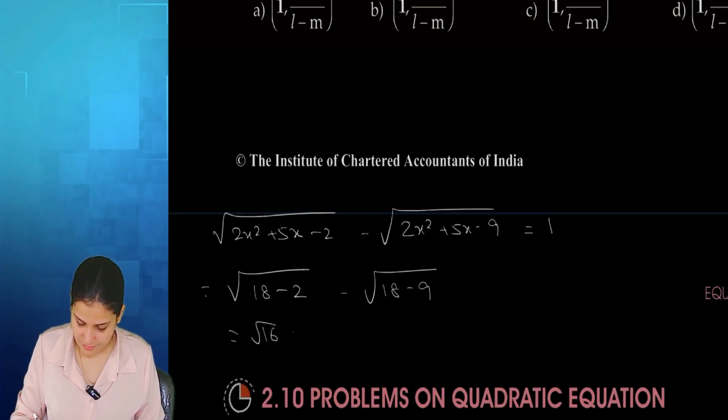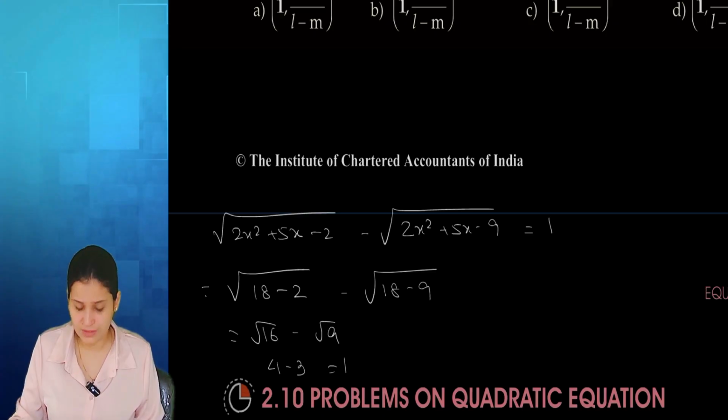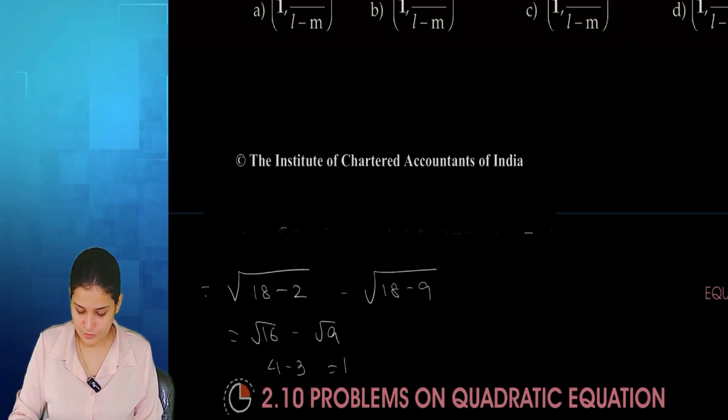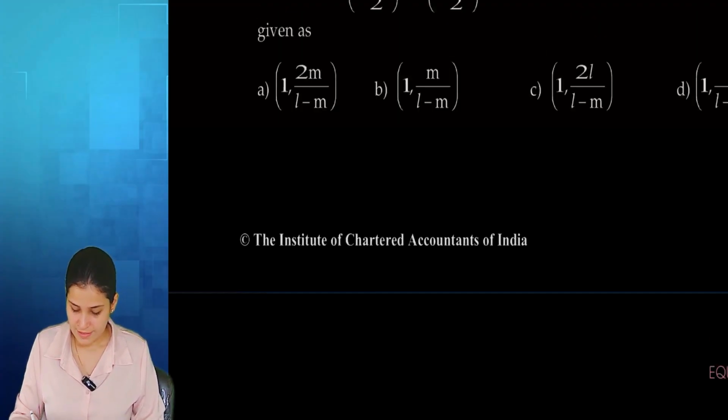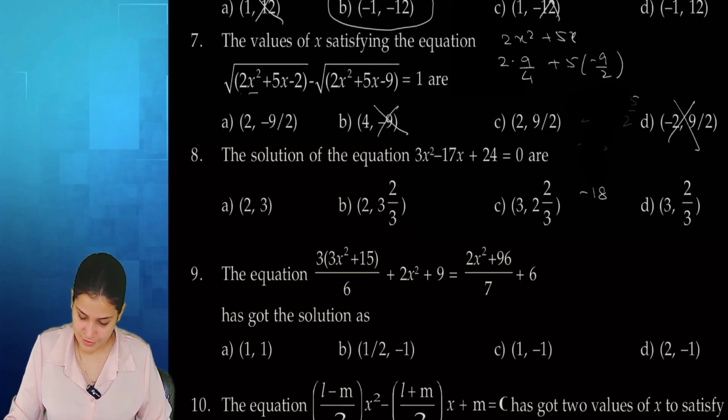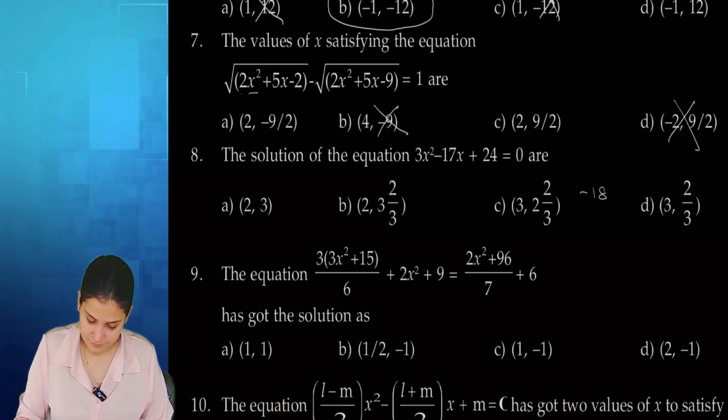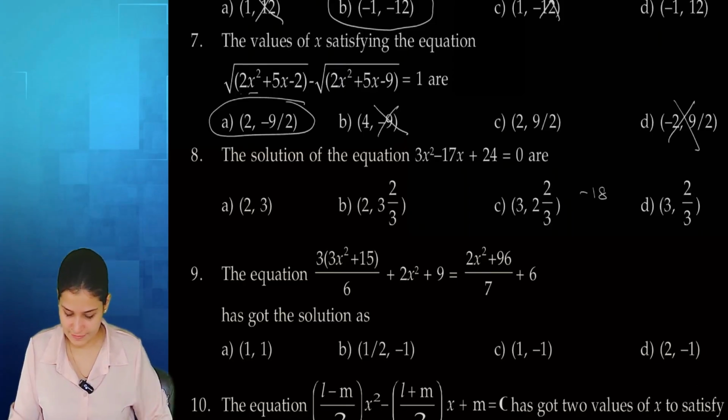Again 16 minus root 9, 4 minus 3, that is 1. So x equal to minus 9 by 2 is the other answer. Option A is correct.